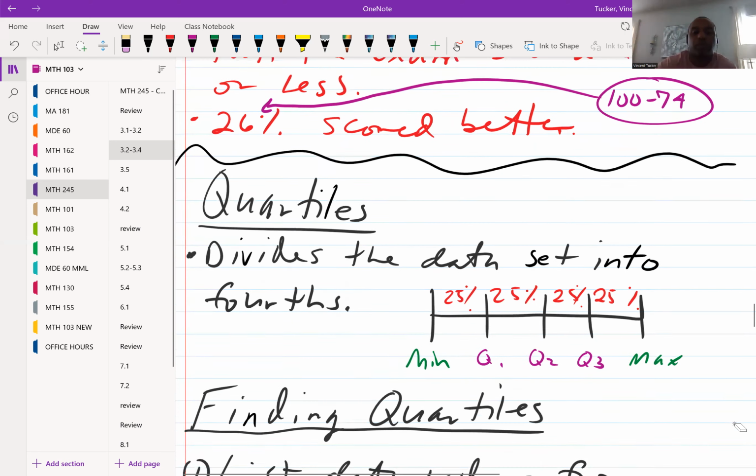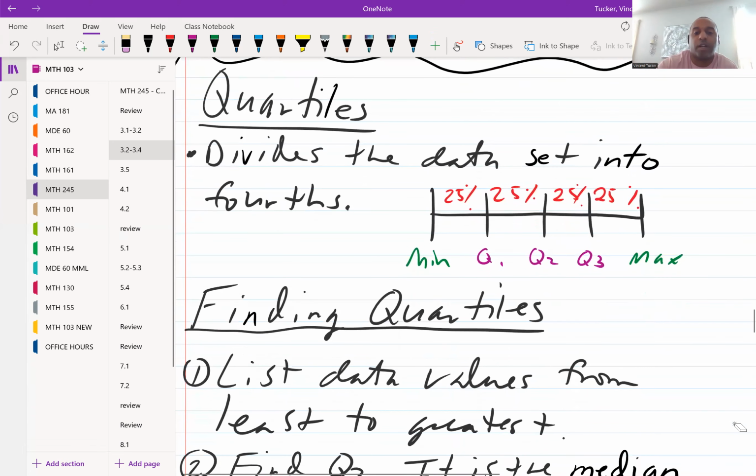All right, so let's look at how we would find our quartiles.